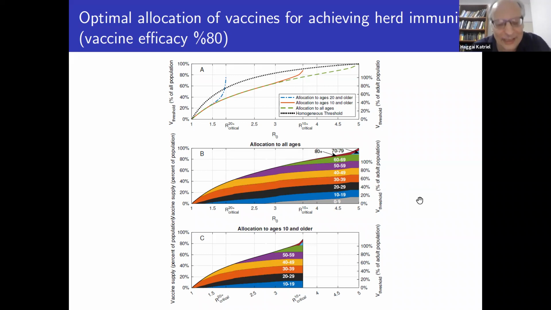I guess the reason is that the matrix says they have fewer contacts, but why would they have fewer contacts? I don't know. Maybe the 80 plus are more in old age homes, so they have more contacts, but I don't know. Okay, thank you.